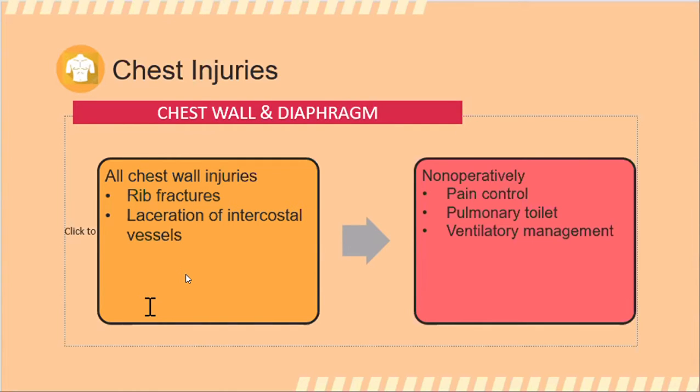Next, for chest wall and diaphragm, the most common chest wall injuries are rib fractures and laceration of intercostal vessels. This usually happens in blunt chest trauma. And most of the time, chest wall injury is managed conservatively, rarely operatively. What we do is pain control and pulmonary toilet via your closed tube thoracostomy.